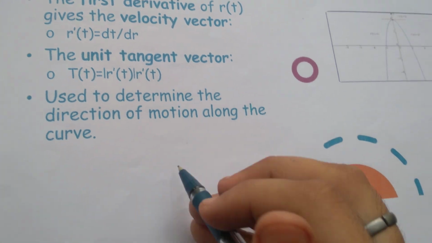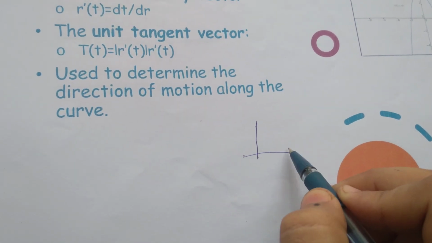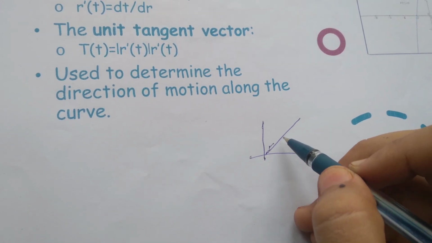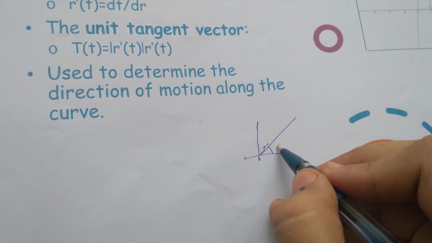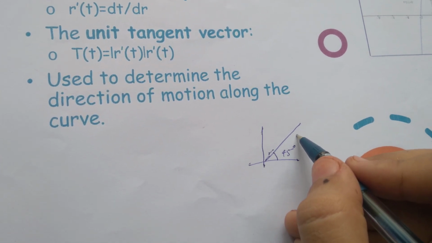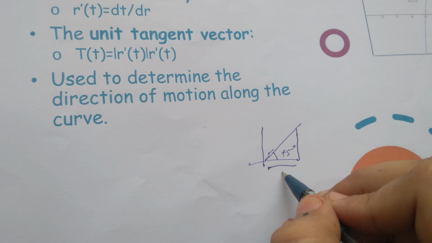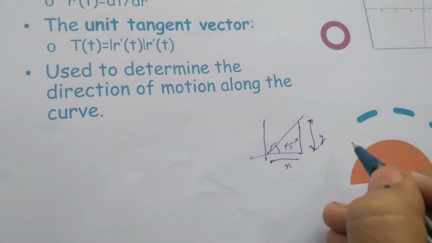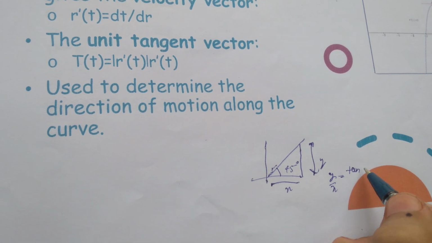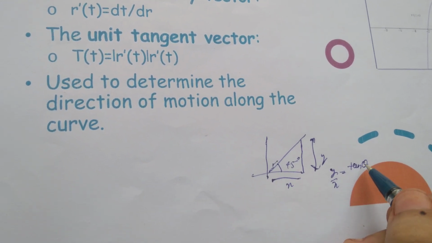Derivatives and tangents. If we consider this curve, and I make this a 45-degree line, suppose this is the x coordinate and this is the y coordinate. So y by x would give us tan theta, which is perpendicular by base.